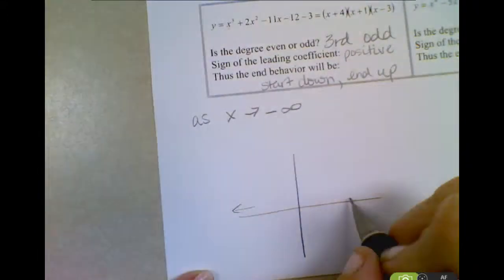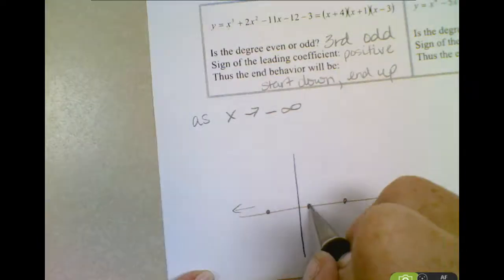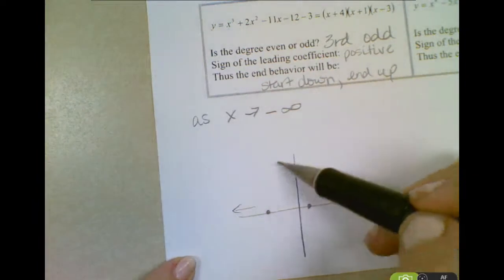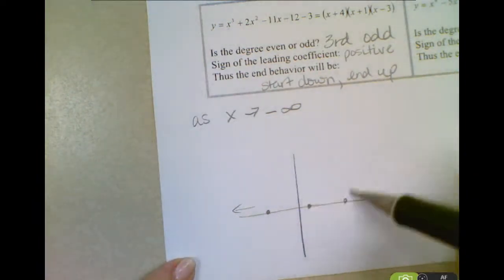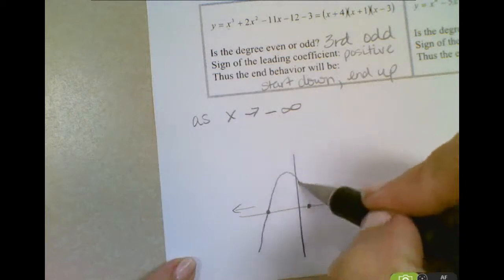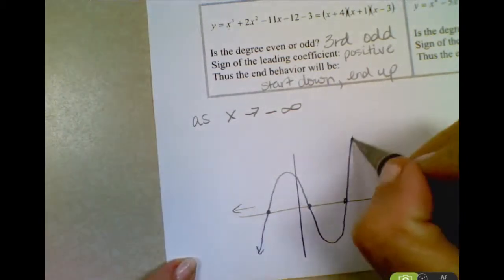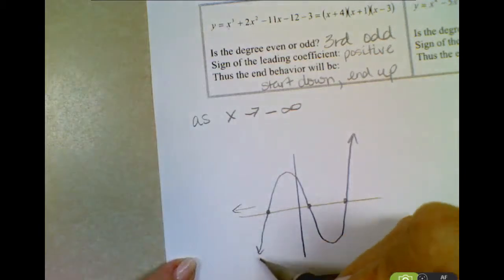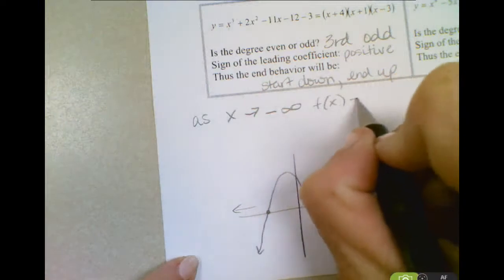So for this one we have our zeros at 4, 1, and negative 3. It's going to start down, curve up, and then end up. So it's going to go up, down, up. That's going to be the graph for this equation. So as x gets smaller, our y value, our f of x, also gets smaller towards negative infinity.